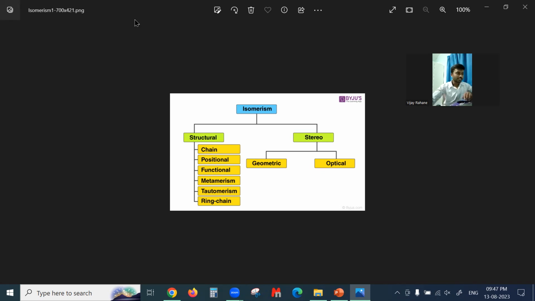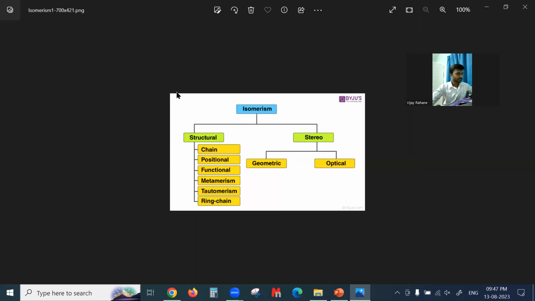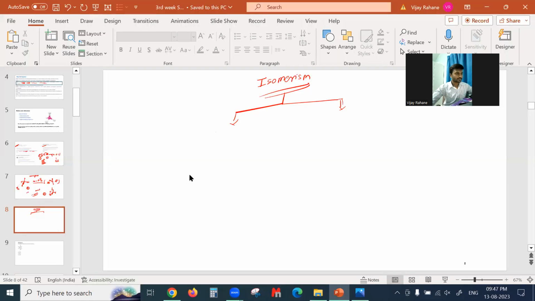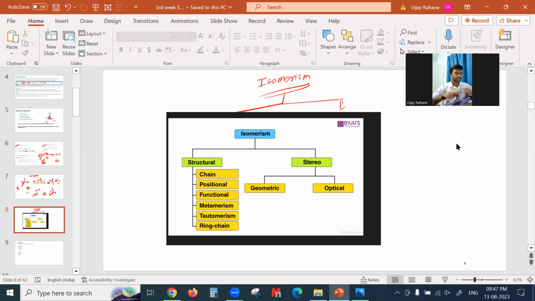Let me show it with the help of an example. See here, the example for functional group isomerism.